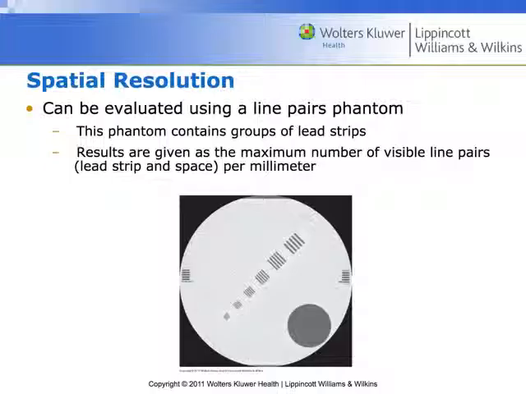Here is an example of a spatial resolution image. I have seen this image a whole lot in the course of my life. What you have to do is place little star-shaped ROIs on these line pairs and then measure the attenuation values. You'll also place typically an ROI here and an ROI here.